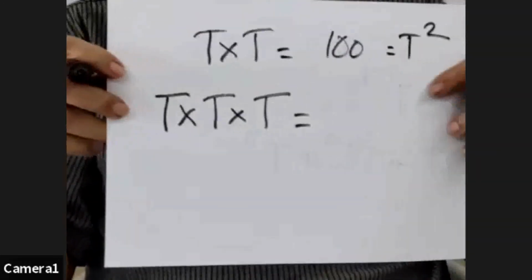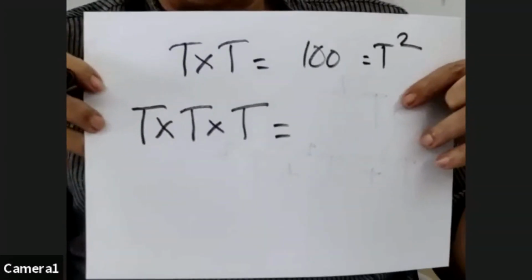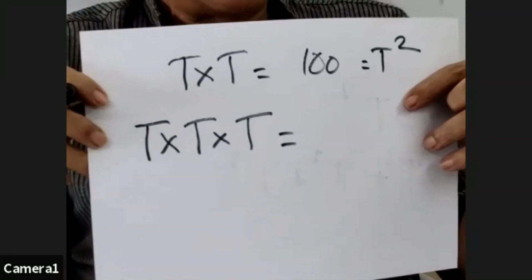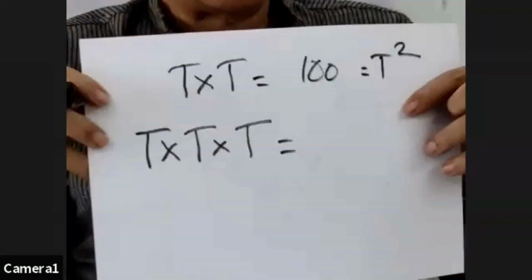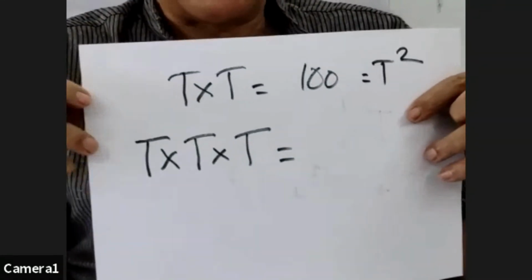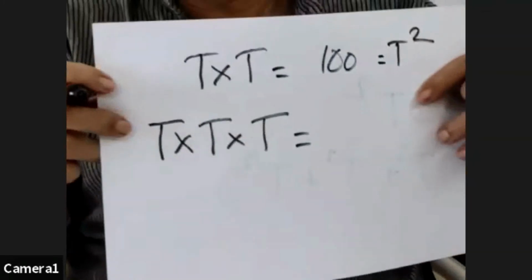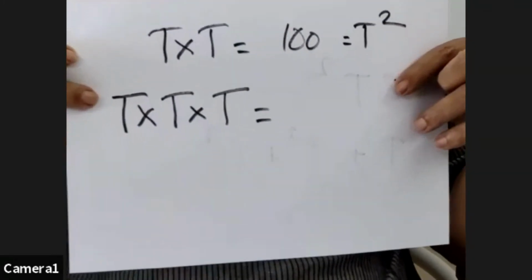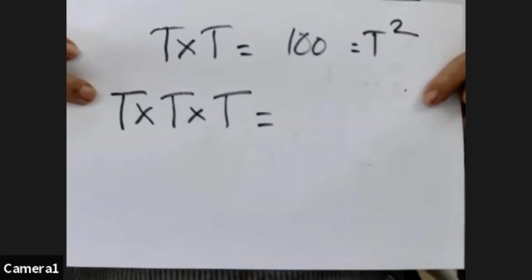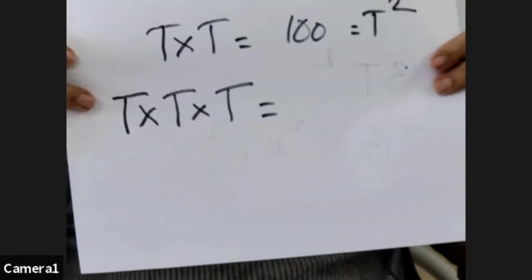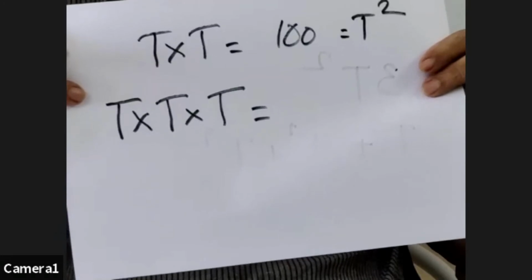So take your calculator and find out what is t into t into t. You know what t is? 100? No, t is 10. So do t into t into t on your calculator. Everybody watching, please do t into t into t on your calculator.